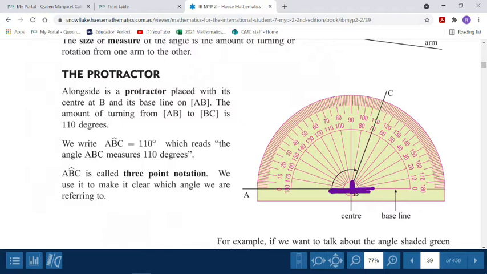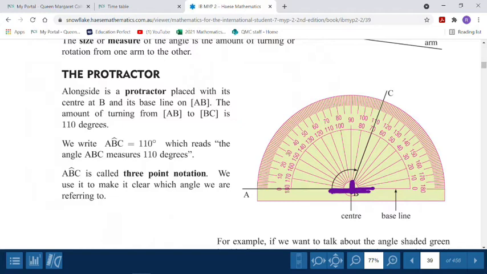Or this one has a nice line that goes all the way through. That's where you're going to put the vertex of the angle that you're trying to measure. Then one of the other lines, and it doesn't matter which one, will go along the baseline. And again, what's the baseline? The line at the bottom that goes all the way across, that runs parallel to the bottom of the protractor.